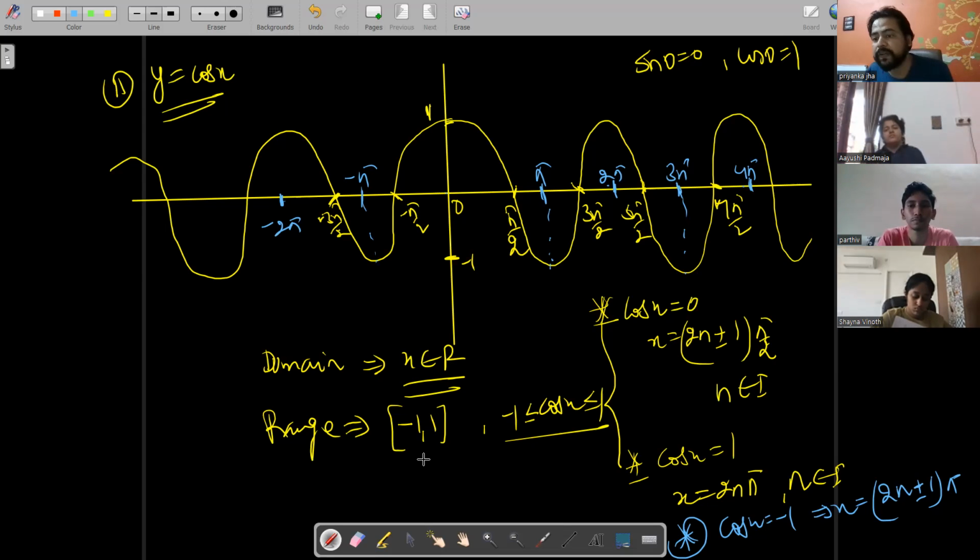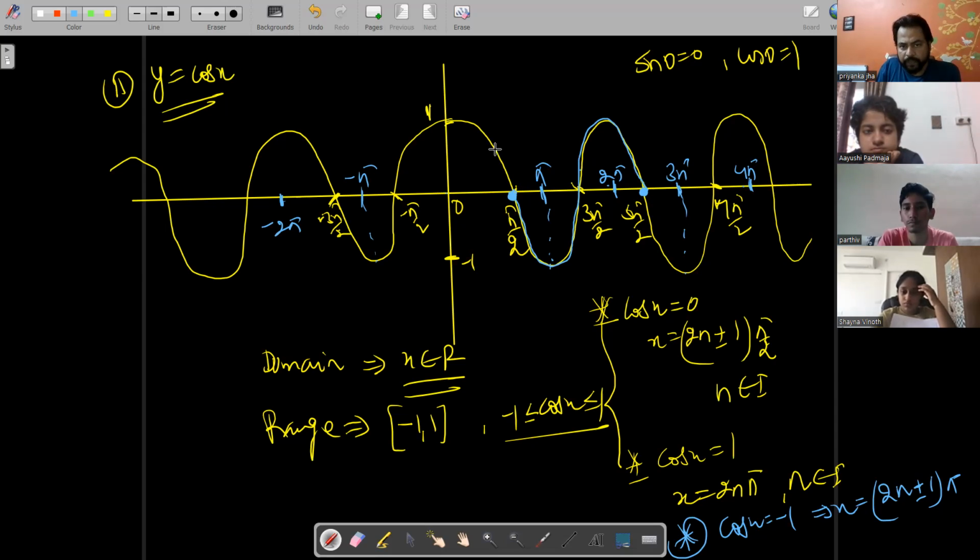Again, cos is a periodic function. You can start from anywhere. Suppose you want to start from here. You can see it comes like this till here. From here, again, it takes the same shape as it took from here, and this shape keeps on repeating.